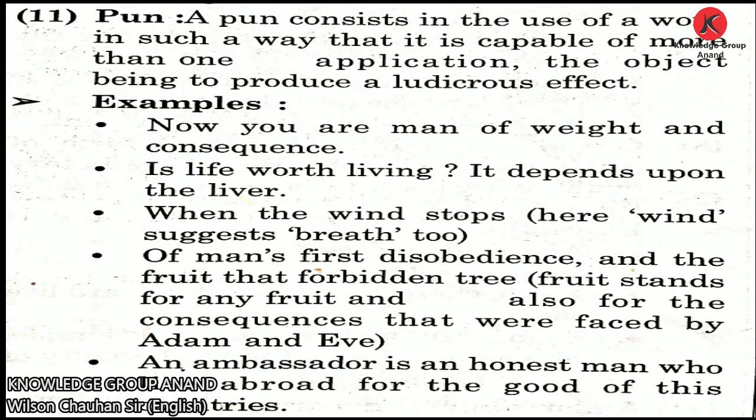They did not obey God, and therefore they had to face the problems afterwards. So fruit here is not the fruit that you eat, grapes and apples and bananas, but the result.